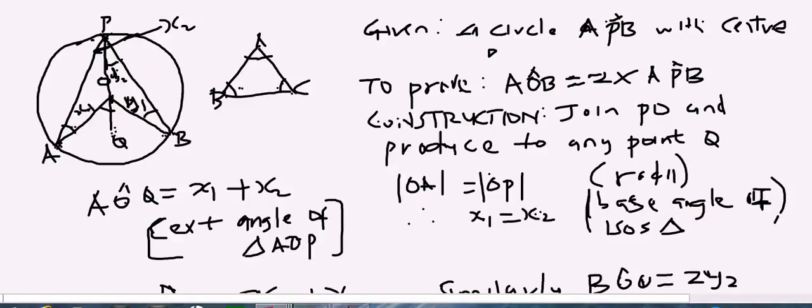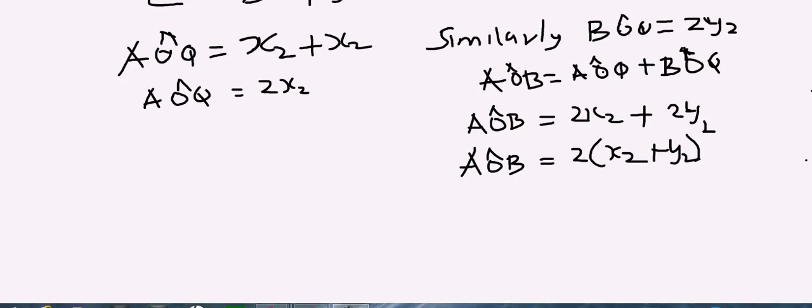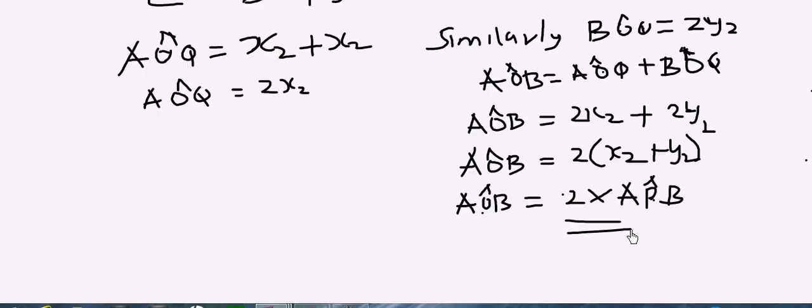So x2 combined with y2 here is simply APB. So I have that AOB is equal to 2 times APB, which proves that the angle at the center is twice the angle at the circumference. So we have been able to prove that the angle at the center AOB is equal to 2 times APB.